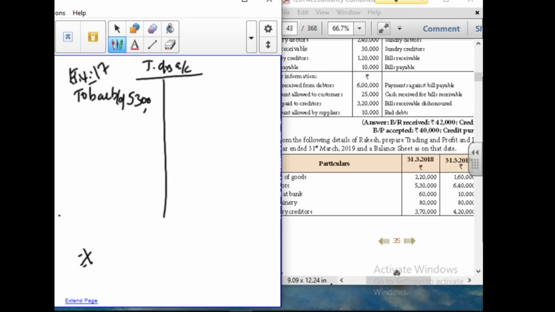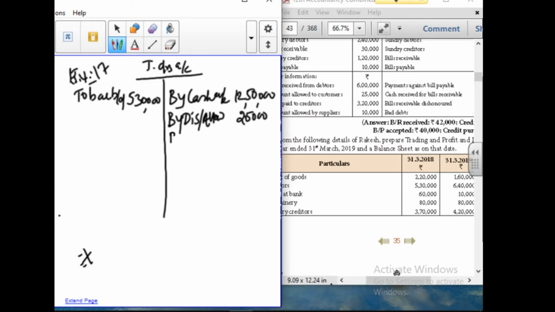Just look into the question while I write that answer. Next is by cash, that is received from debtors. The cash is amounted to 12,50,000. Next, discount allowed will be used for the debtors account, that is 25,000.